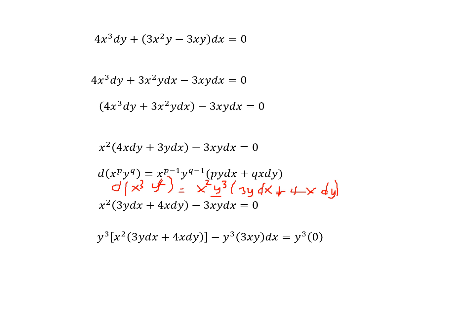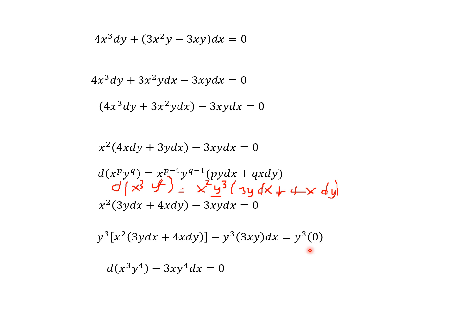So you have to multiply both sides by y cubed to make this exact. So this is y cubed x squared 3y dx plus 4xy dy minus, you have to multiply the missing term, which is y cubed 3xy dx, equal to y cubed times 0.